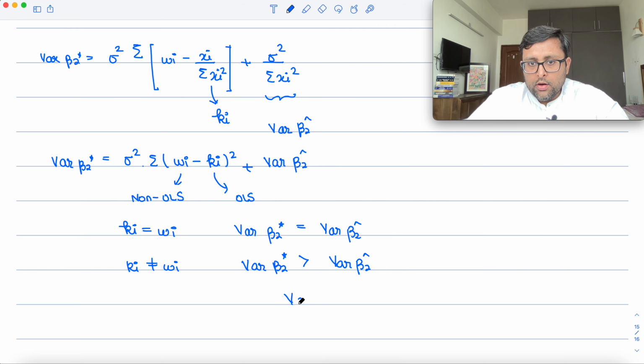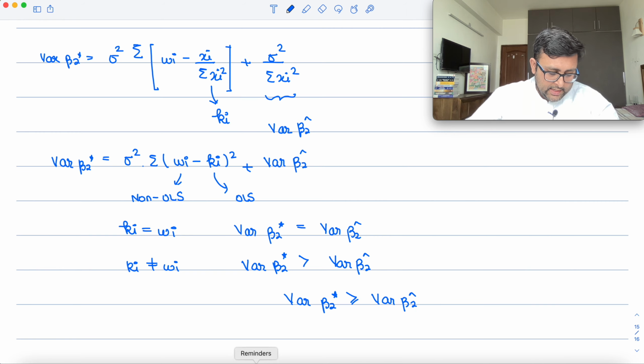So in all, you can say that this non-OLS estimator, even though it is a linear unbiased estimator, has a variance which is more than the OLS estimator.